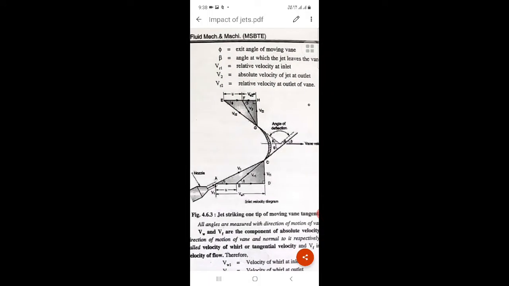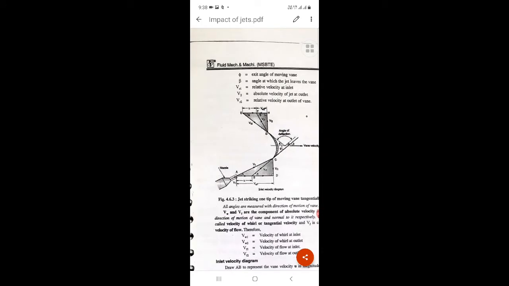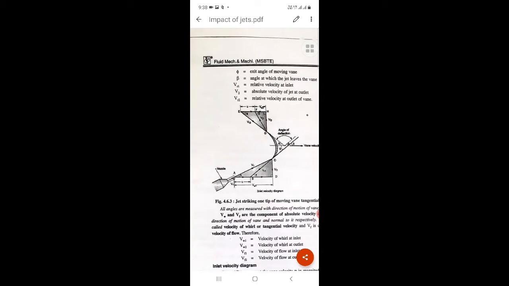There is an inlet triangle and an outlet triangle. The inlet triangle is given as 1 and the outlet triangle is given as 2. This is the diagram of impact of jet tangentially on the blade. This is a blade or vane of a turbine. The diagram is similar for all turbines or pumps.